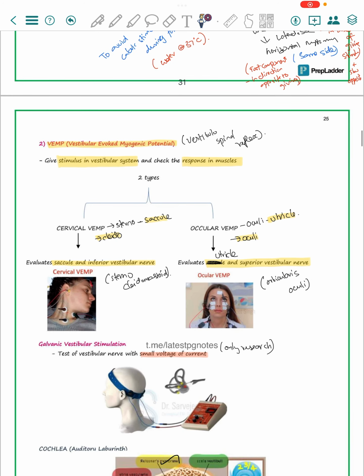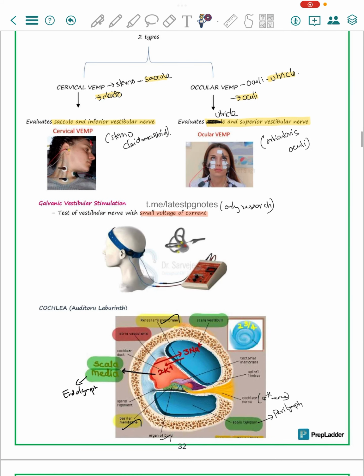In oVEMP, think of the I for inferior vestibular nerve, and U for utricle, and S will be the superior vestibular nerve. Then another test is galvanic vestibular stimulation, where a small voltage current is given and the responses of the vestibular nerve are checked.